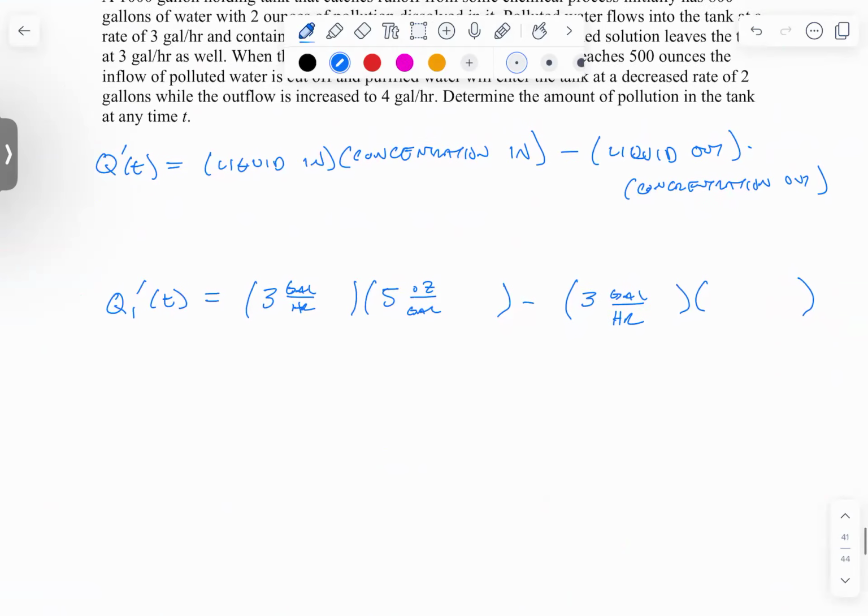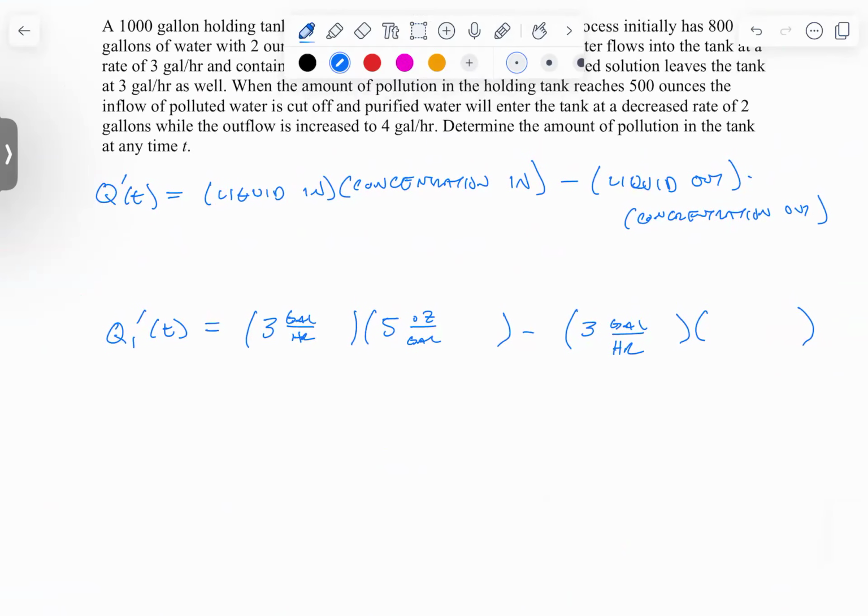So in this case, we have some amount, call this Q1(t), all still over our volume.